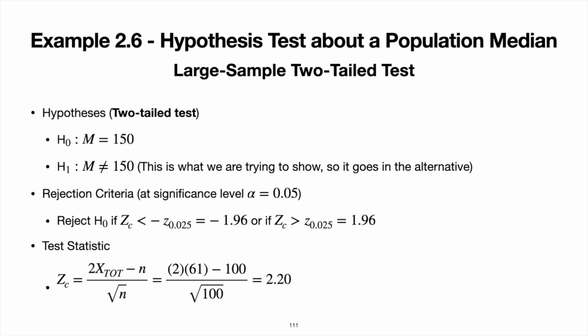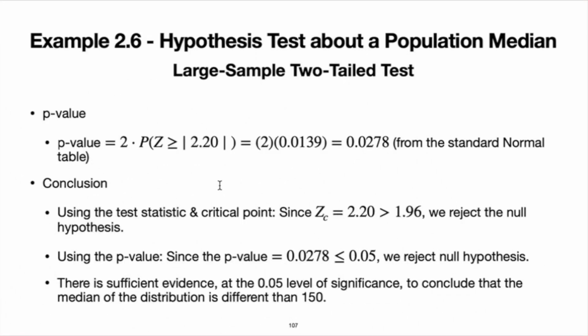Now the calculated value of the test statistic z-calc is 2 times x tot, so 2 times 61, minus the sample size, 100, all over the square root of the sample size, and so that turns out to be 2.2. The p-value is twice the probability that a standard normal random variable is greater than or equal to the absolute value of the observed value of the test statistic, z-calc.